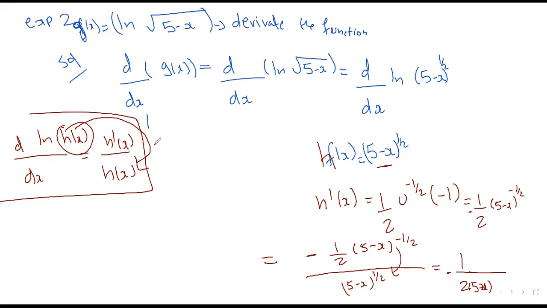This is the rule. So first, we have to write down the basic formula. We have to see what is h of x or what is f of x, whatever you feel like taking. Then we find the derivative of this function and simply substitute them, and this is the answer.